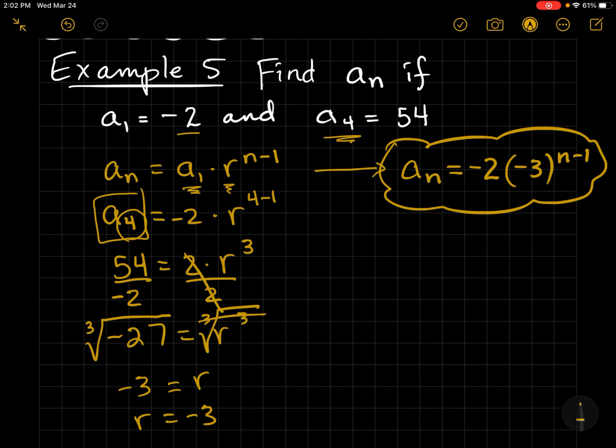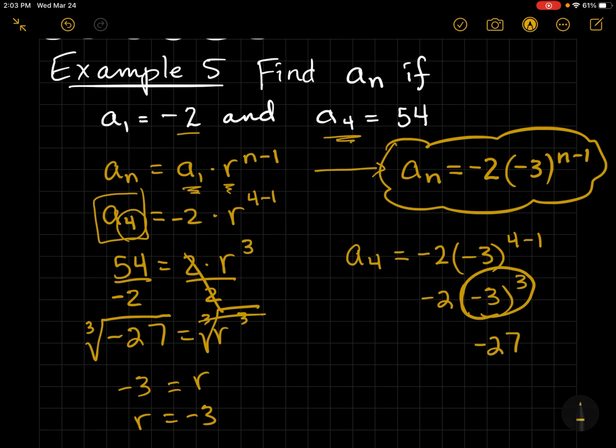If you wanted to check it, you could say, well, this says a sub 4 is 54. So you could plug 4 in for the n and see if you actually get 54. So that's negative 2 times negative 3 to the third. Remember, exponents first, so that's negative 27 times negative 2 is positive 54. So we do see that a sub 4 equals 54.